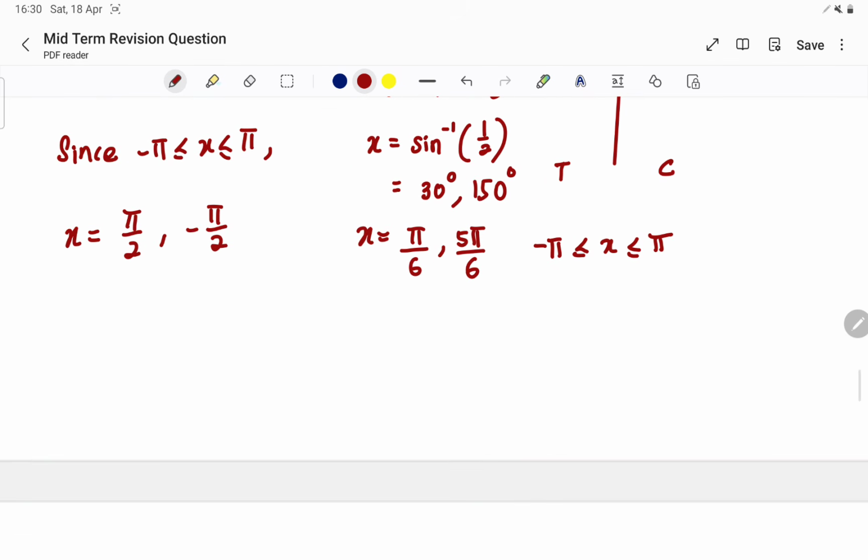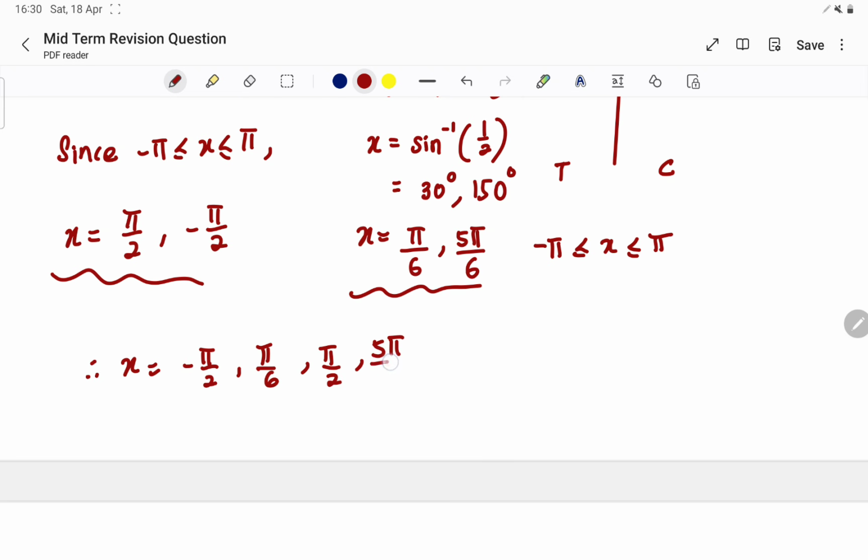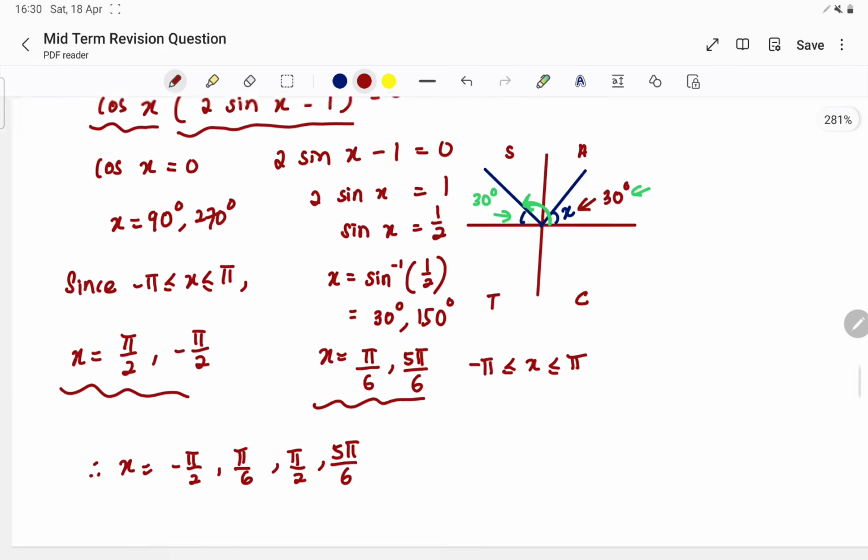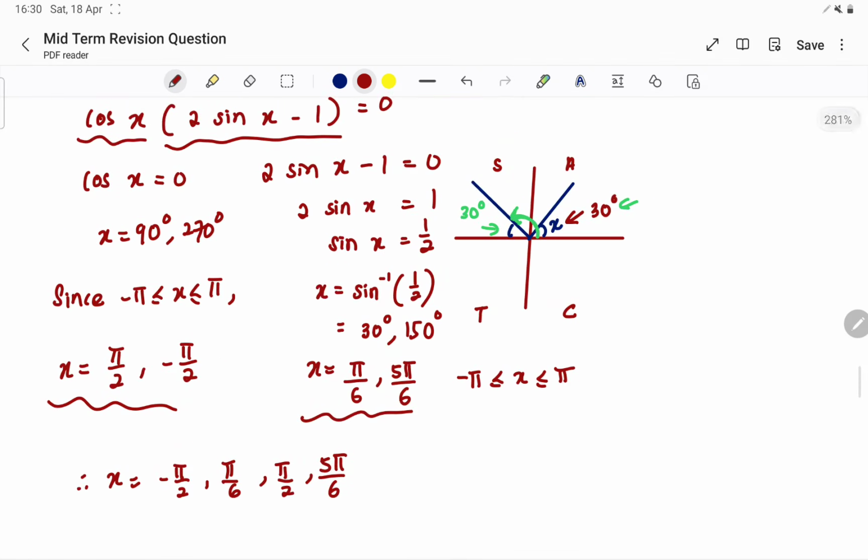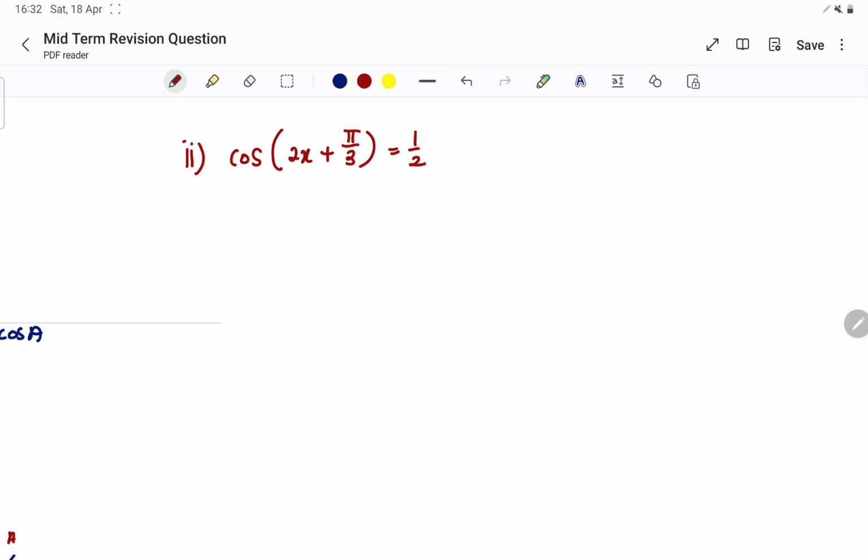So right now we combine this value of x and this value of x. So you will get x is equal to negative pi over 2, pi over 6, pi over 2, and 5 pi over 6. If you don't want to arrange, we still allow, because you list down all of the values. Okay, alright, so we go through the next question.